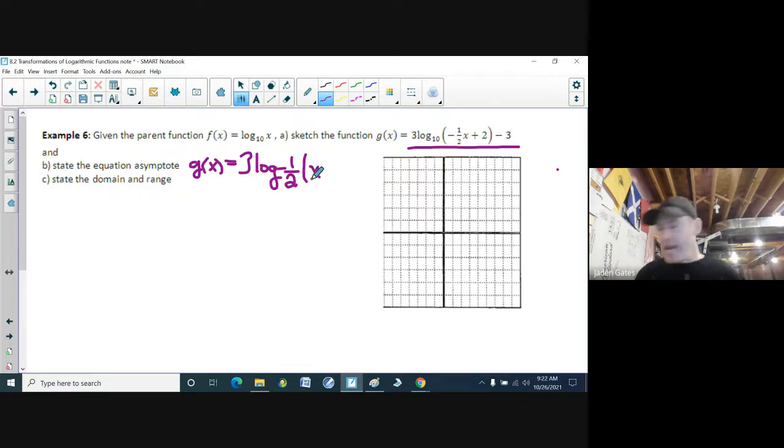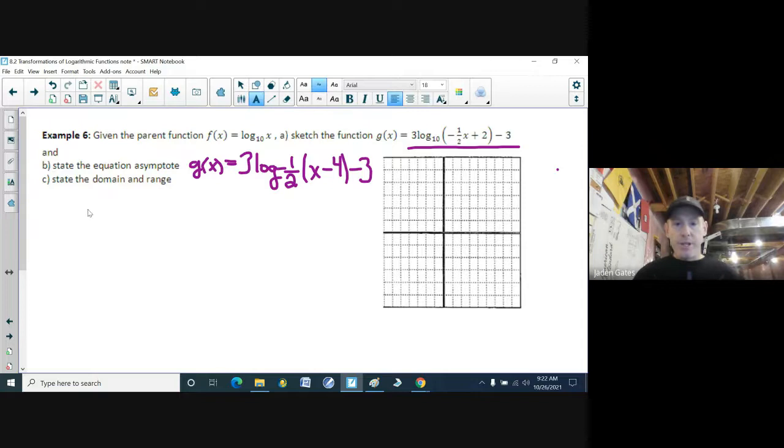If I take 2 and divide it by negative a half, I get minus 4. So there, I've rewritten this so it's in the proper form. Now I'm going to do all the same steps, but that was just one extra step. You've got to watch out for that. This wasn't in the right form.